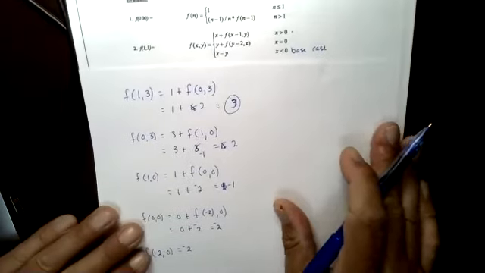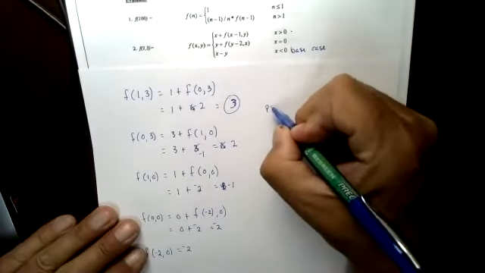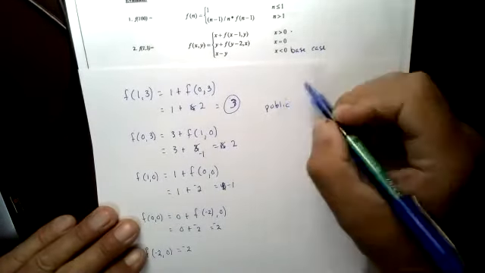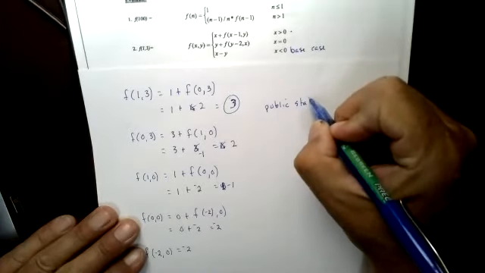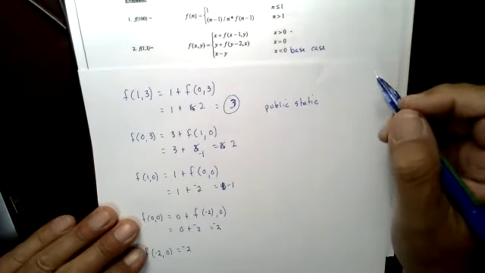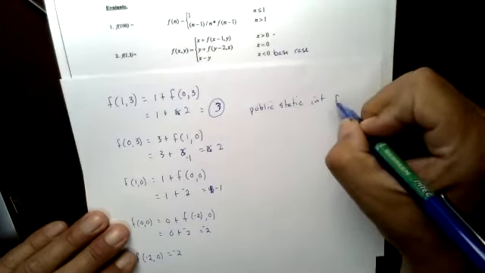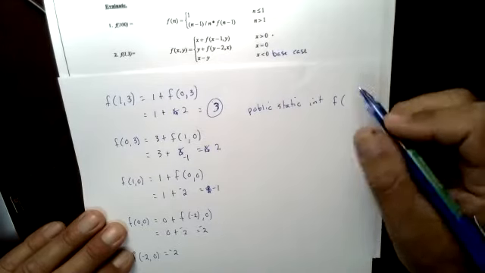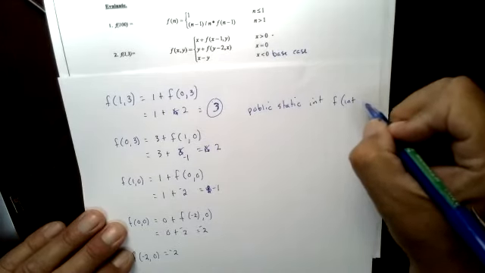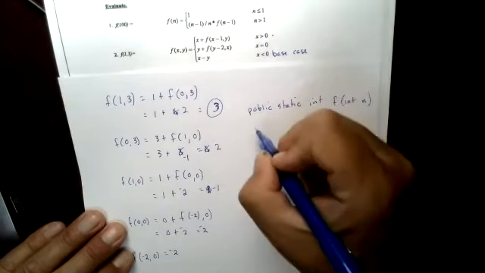If I ask you to write this as a function, public static, I think I'm working with int, right? My function name is f, int. I'm just going to use n.